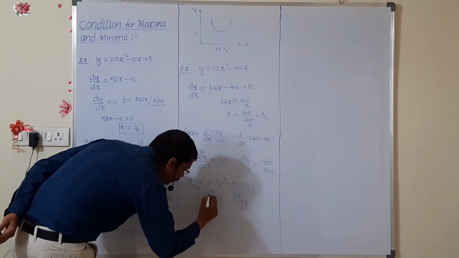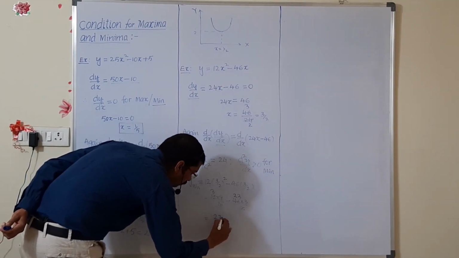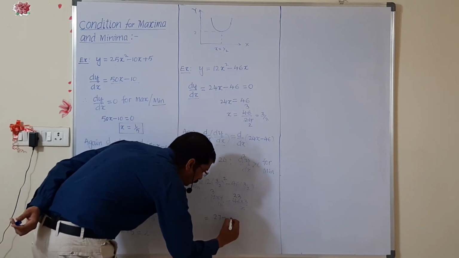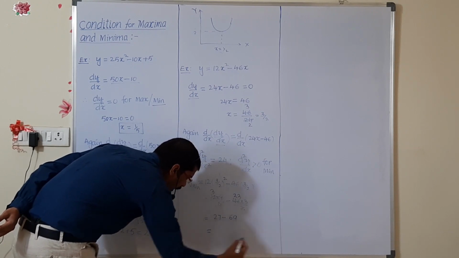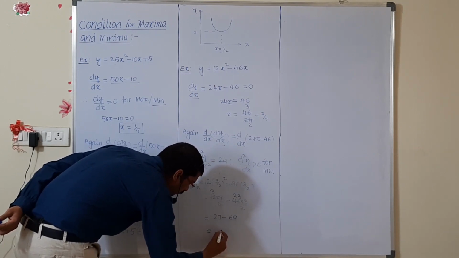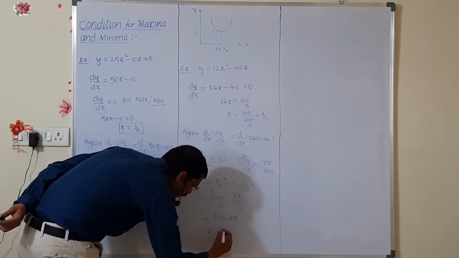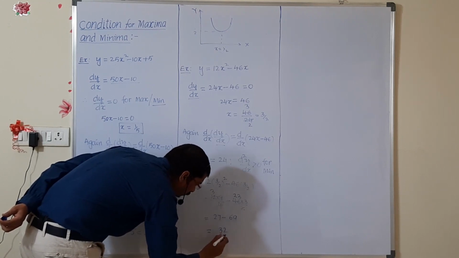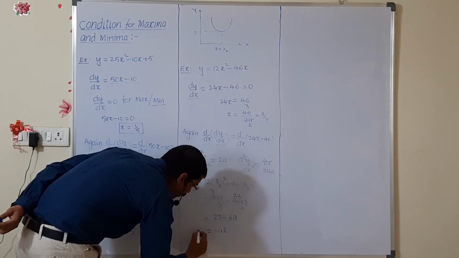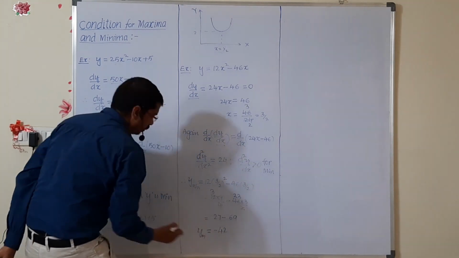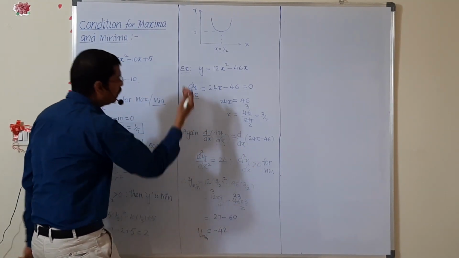Here what will happen? 27 minus 69. What is the value we are getting? After this, we get minus 42, minus 42, the minimum value.